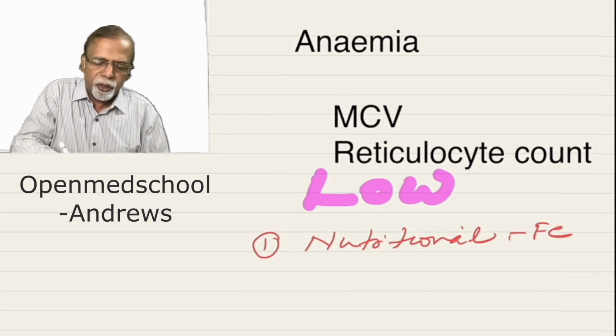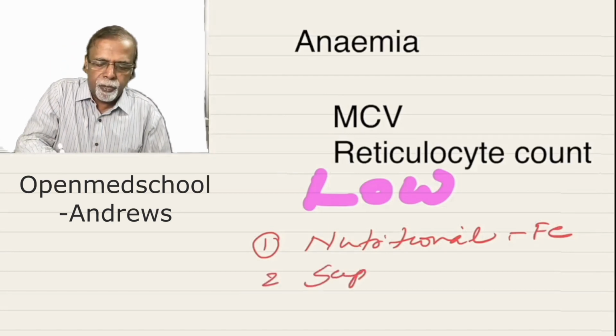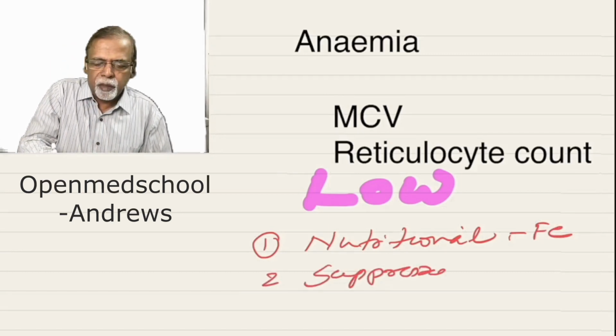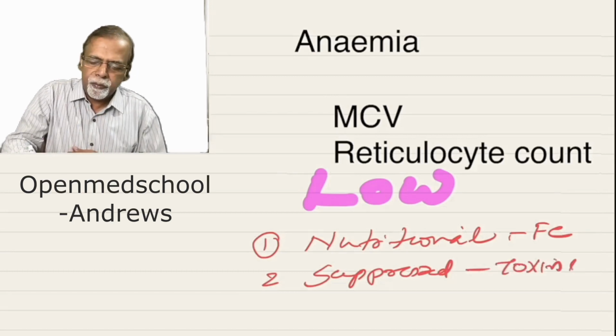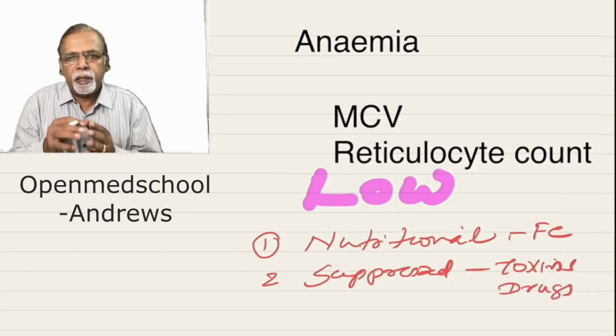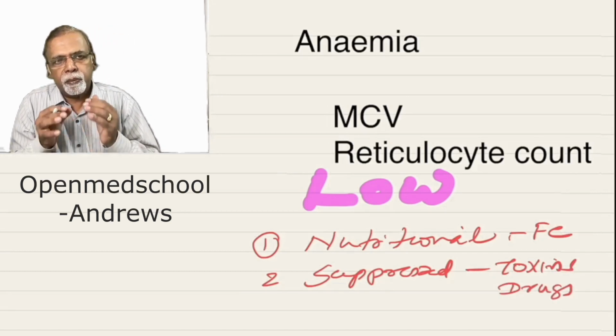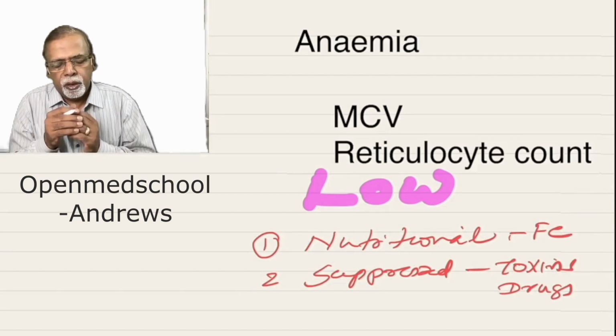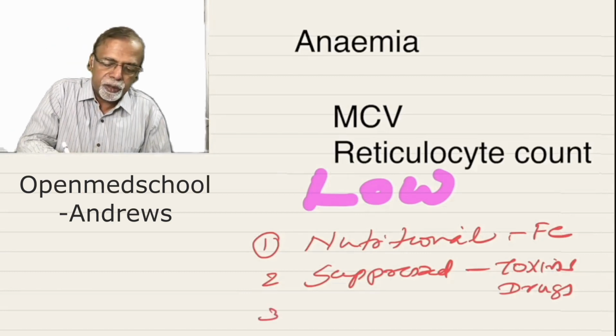Or the bone marrow is suppressed, for example by toxins or drugs which can act on and suppress the bone marrow. And a very important condition is aplastic anemia.